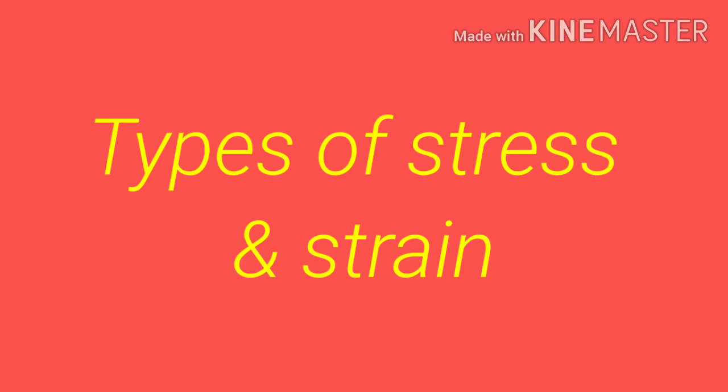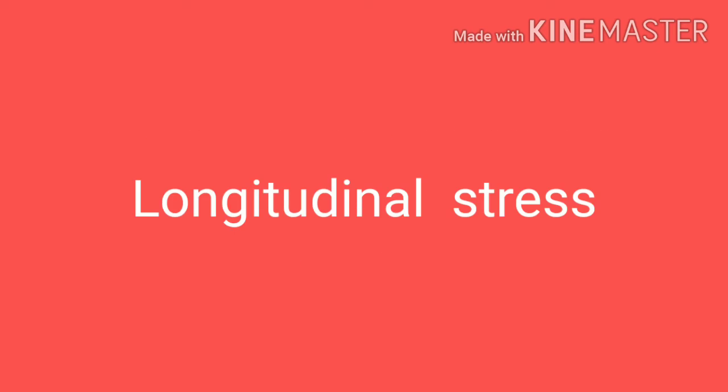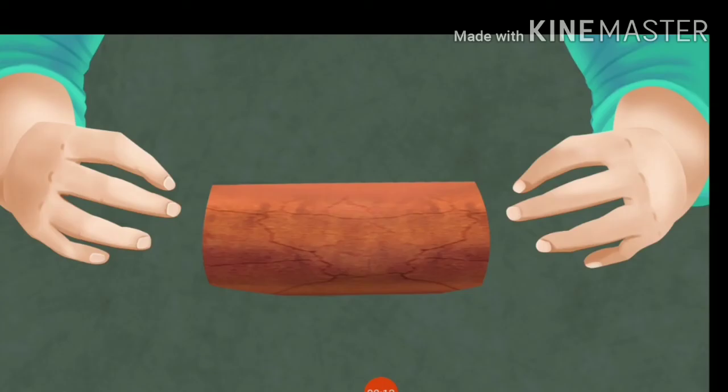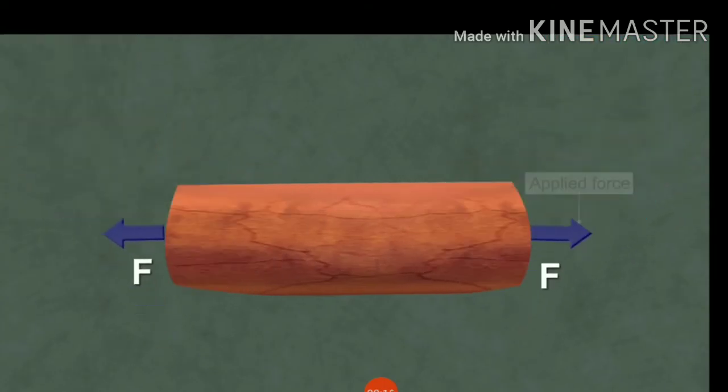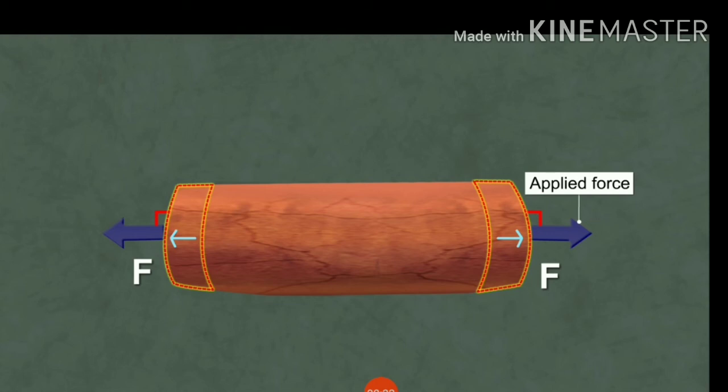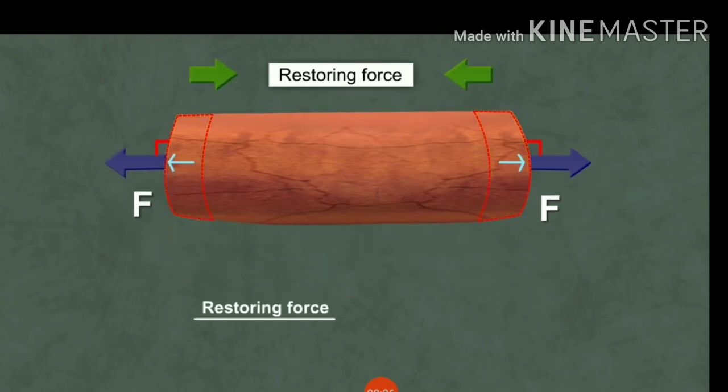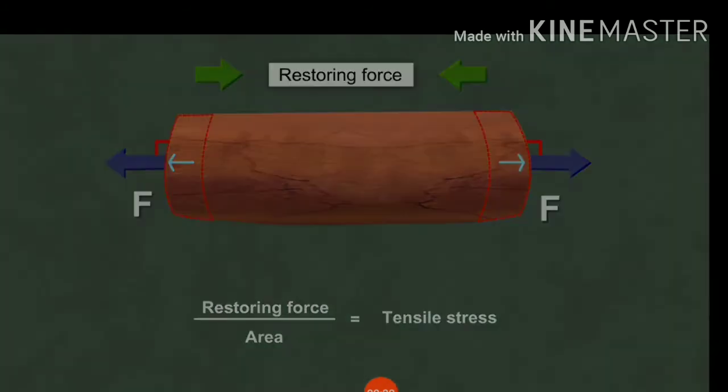Let us study the types of stress and strain. The first one is longitudinal stress. Stretch a cylinder made of clay at its two ends. The applied force is normal to its cross-sectional area. Here the length of the cylinder is increased. So the restoring force per unit area is known as the tensile stress.